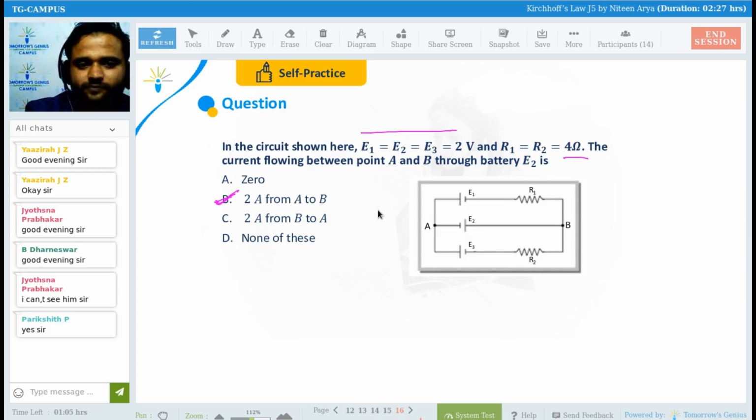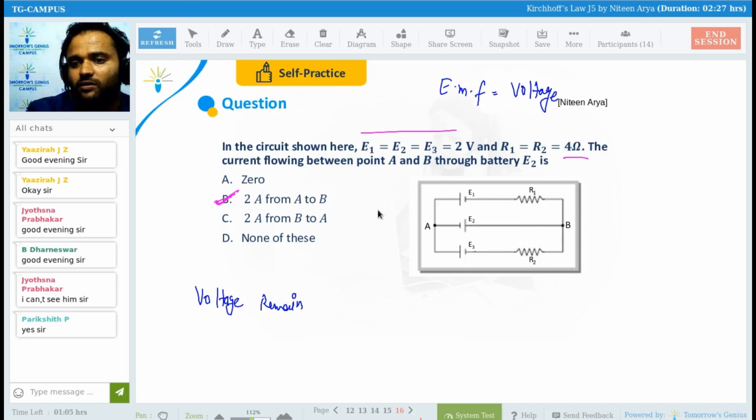See, that is very easy. Basics. Stick to the basics. I don't know how many times I need to say this. When cells or voltage or EMF, anything, are connected in parallel, voltage remains the same. From the very basic thing, we understand this. Voltage means EMF also. Because what is EMF?